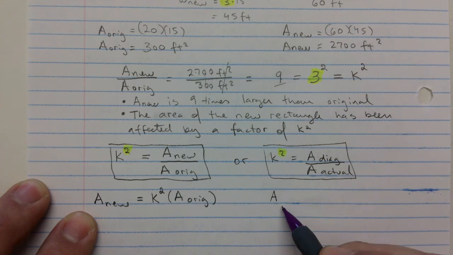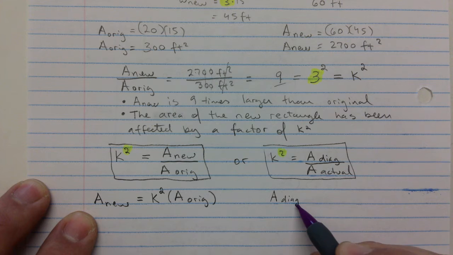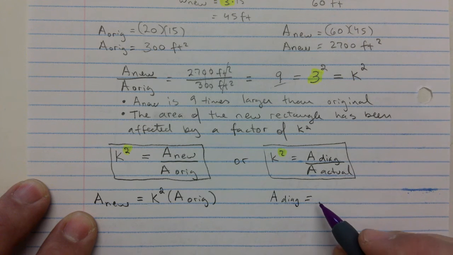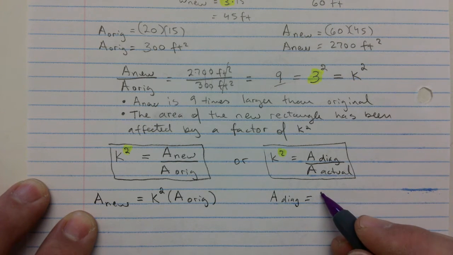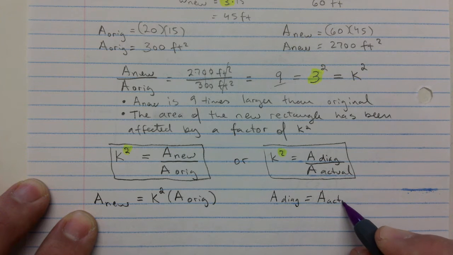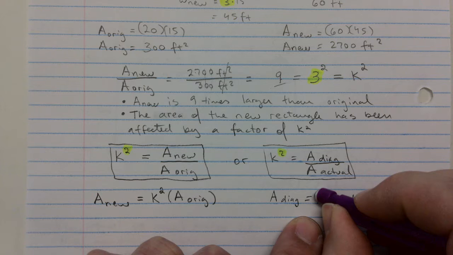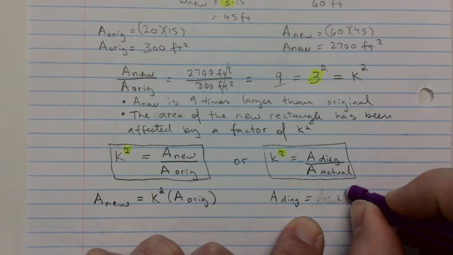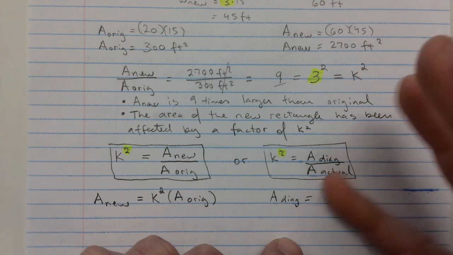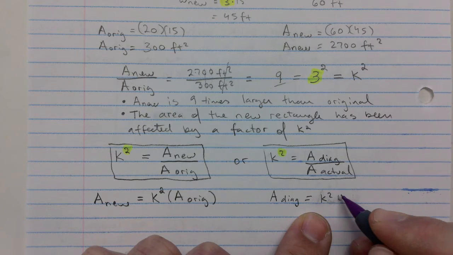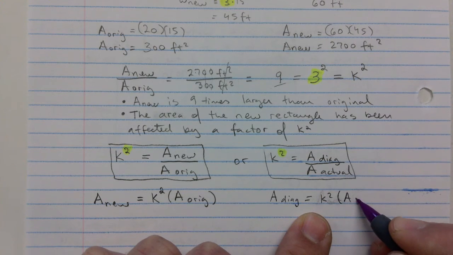Or in this case, the area of the diagram could be derived by going k squared times area of actual.